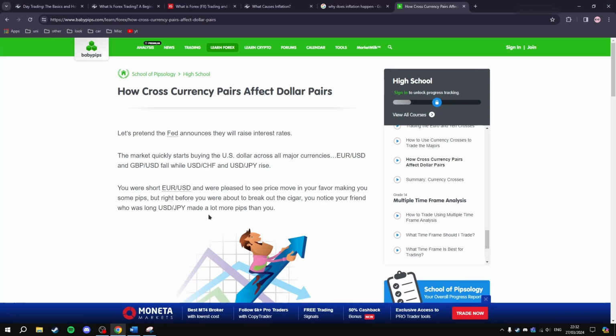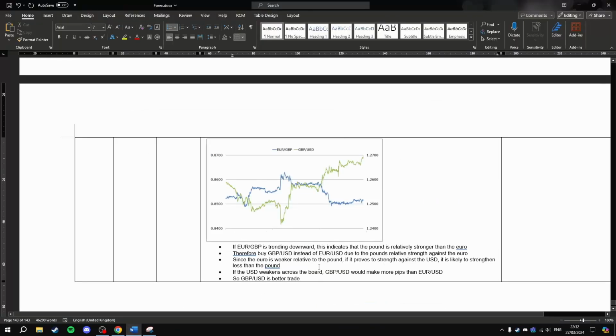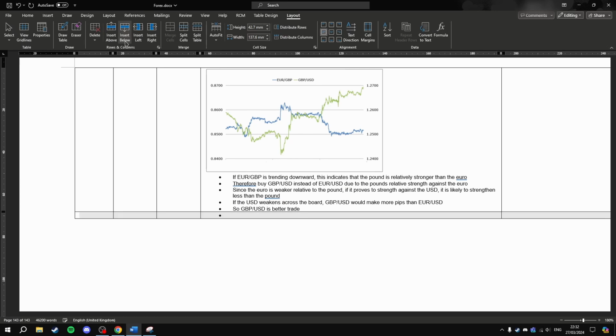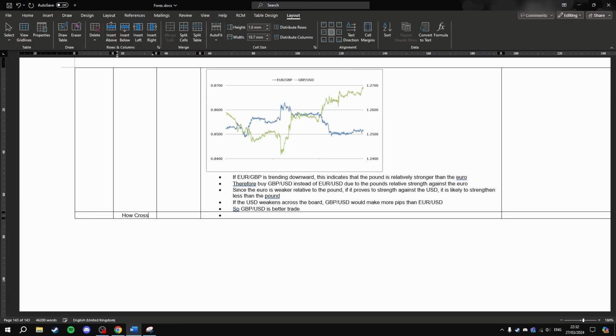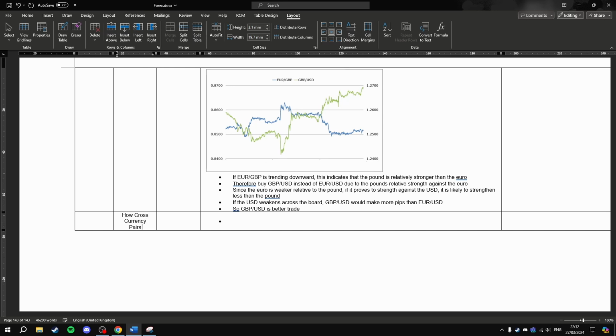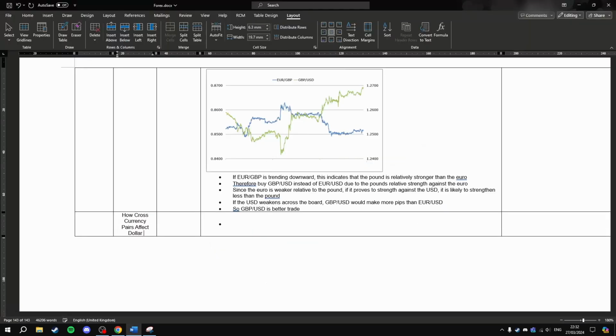How cross-currency pairs affect dollar pairs.